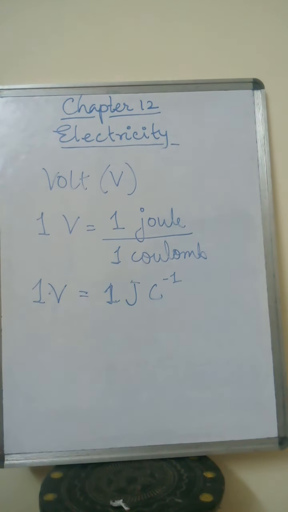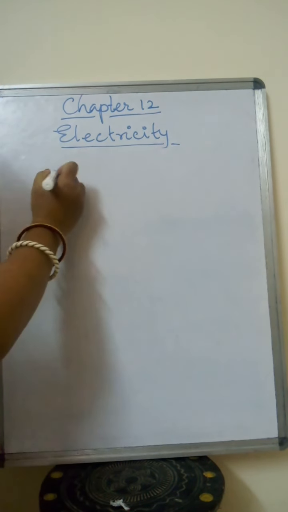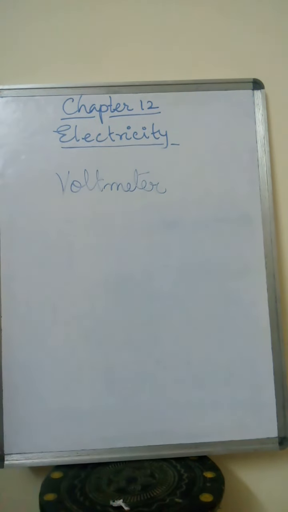To measure potential difference, we use a device called a voltmeter. A voltmeter is always connected in parallel in the circuit across the points between which the potential difference is to be measured. We can set up a potential difference using an electric cell or a battery.